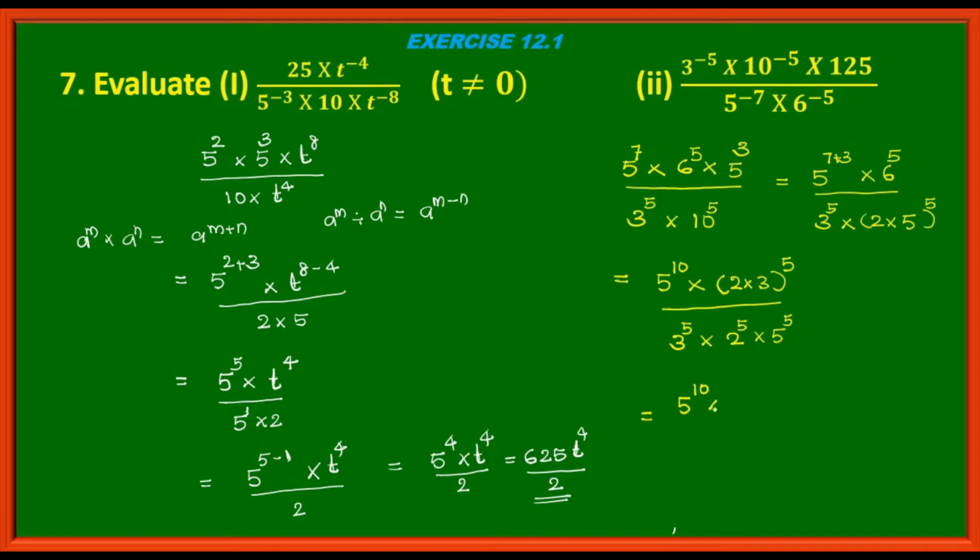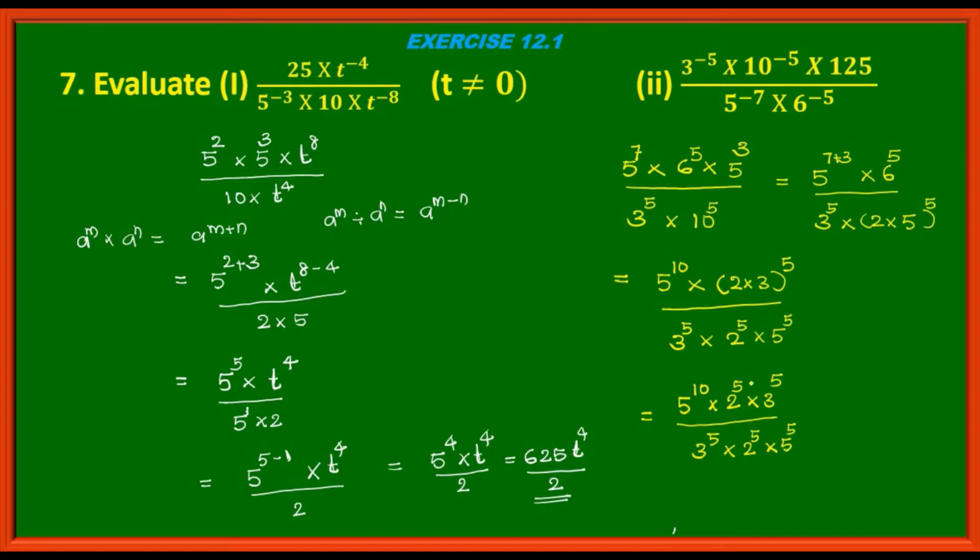This also we can split: 2 raised to 5 into 3 raised to 5, whole divided by 3 raised to 5 into 2 raised to 5 into 5 raised to 5.